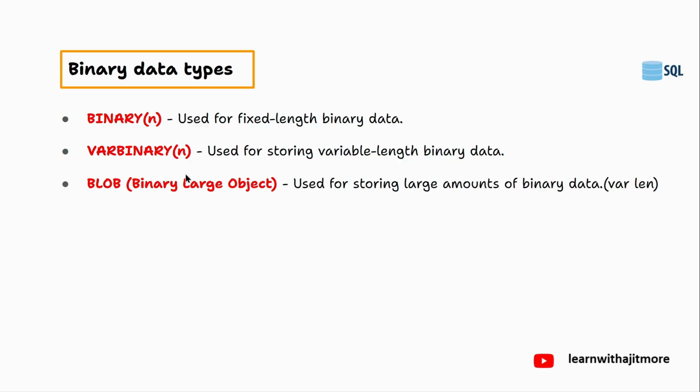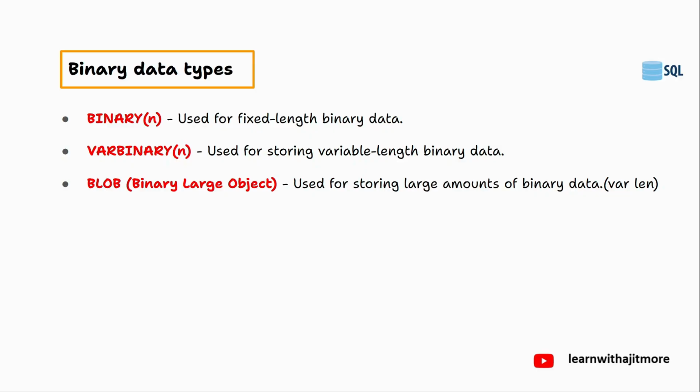Correct? And beyond binary and varbinary, if your data is too large, like as I said, you want to store a very big audio or video file. You have a video only, and that complete video you want to dump in the database, which modern systems generally don't do. They directly copy it on the cloud, and just the path is maintained in the database.